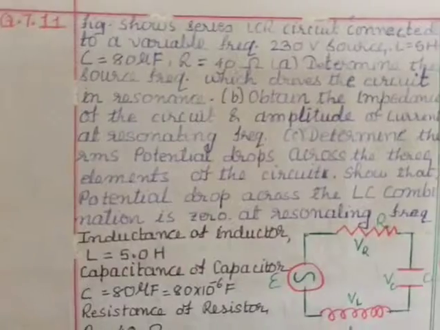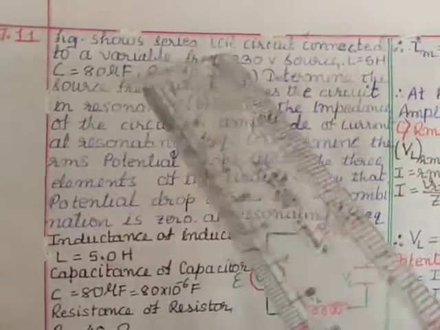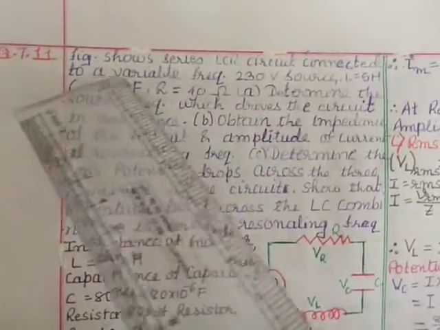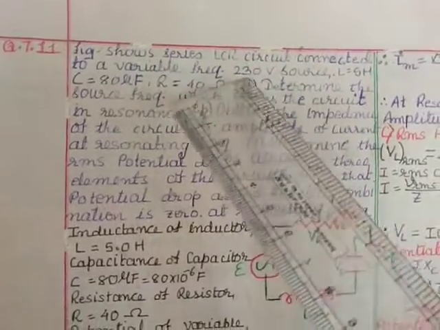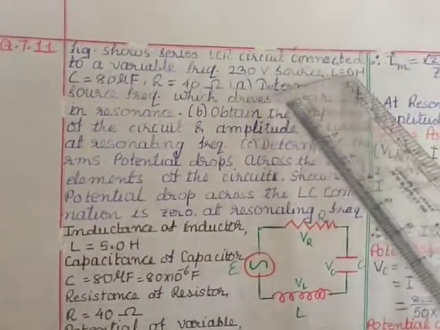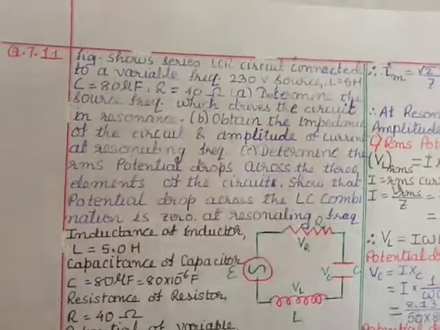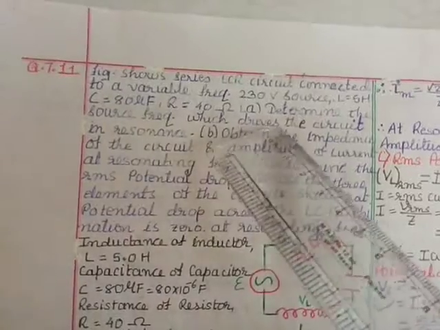Question number 7.11. The figure shows a series LCR circuit connected to a variable frequency 230 volt source, L equal to 5 henry, C equal to 80 microfarad, R equal to 40 ohm. A: Determine the source frequency which drives the circuit in resonance.